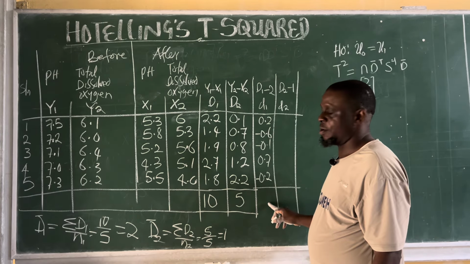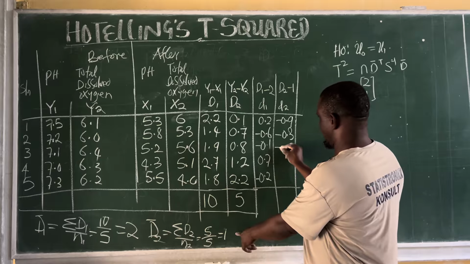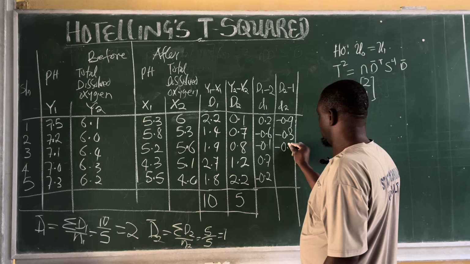Now in this case, this is our D2, and the mean of D2 is 1. So 0.1 minus 1 is minus 0.9. 0.7 minus 1 is minus 0.3. 0.8 minus 1 is minus 0.2.